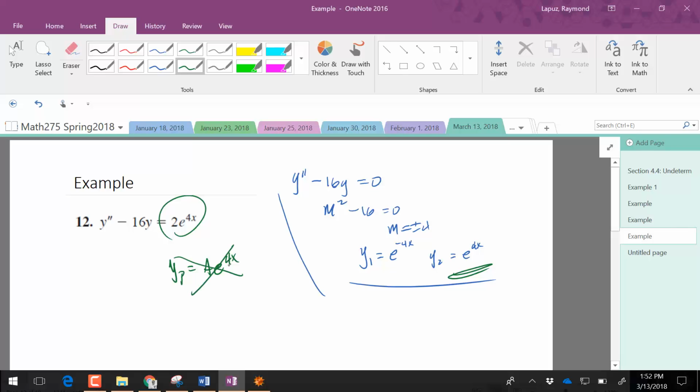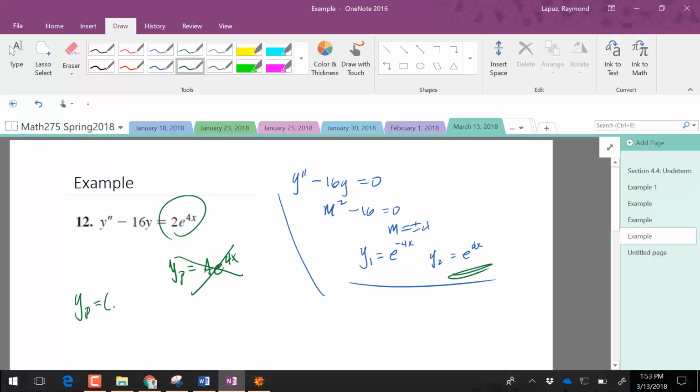So we cannot use this, because if we find a solution for this, then it's going to be linearly dependent with the homogeneous differential equation. So what we're going to do is change our y particular to tack on a linear term. You know how we find a solution to our homogeneous differential equation, and we say the solutions repeat. To keep it from being linearly dependent, we multiply by x, right?